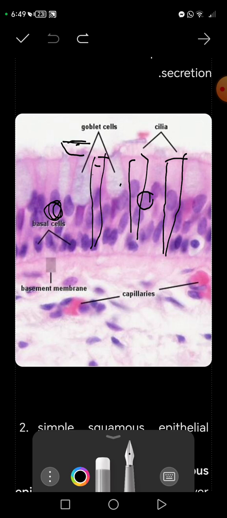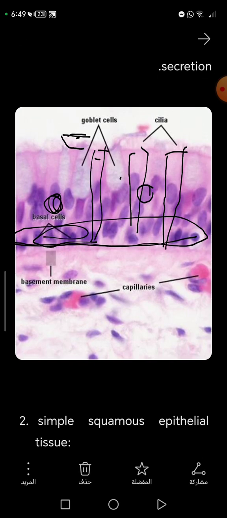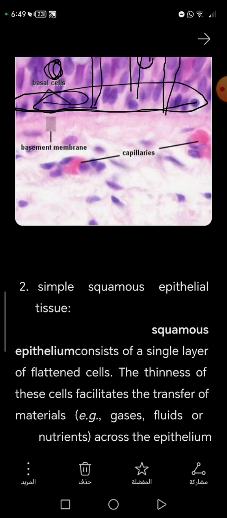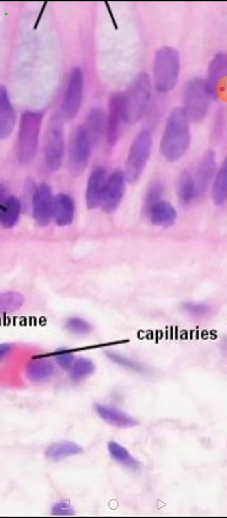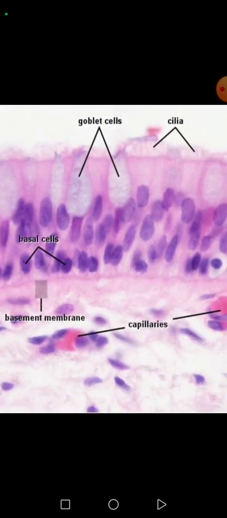As you see, this is the nucleus. This part is called the basal cell, because it's the down part. Those are the basal cells. And this is the connective tissue, the downmost part, beneath the epithelial tissue.